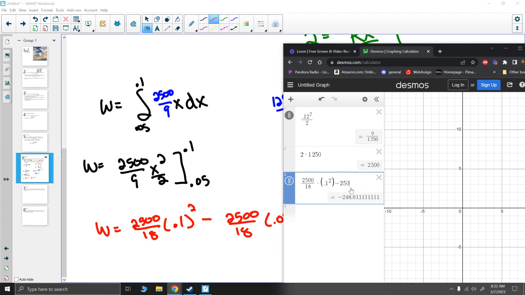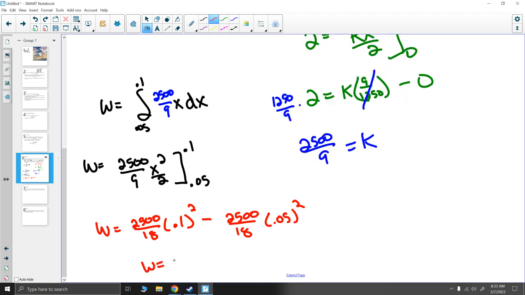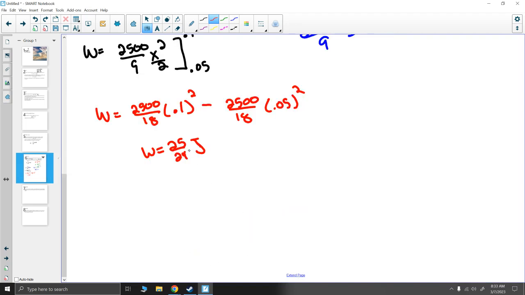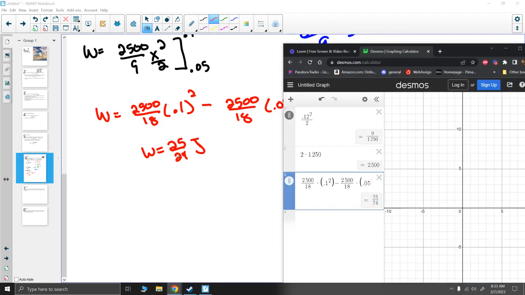And we get some value, 25 over 24. So our work here is 25 over 24 joules. Actually, it's capital J. We use a capital J for joules. Anyway, so approximately, what was it?